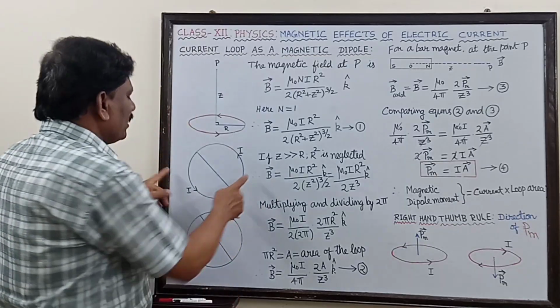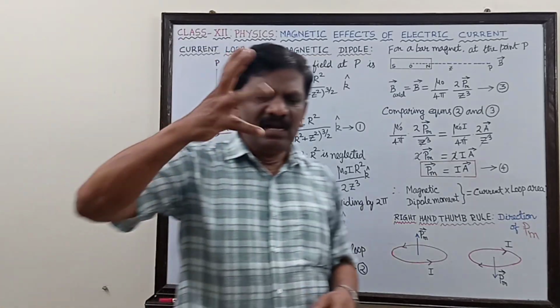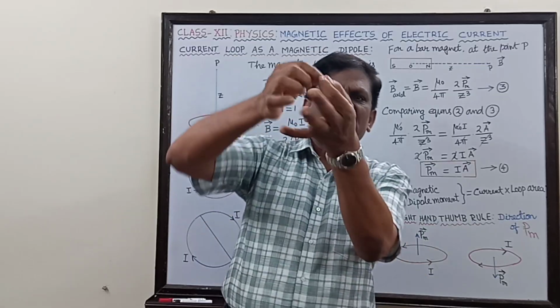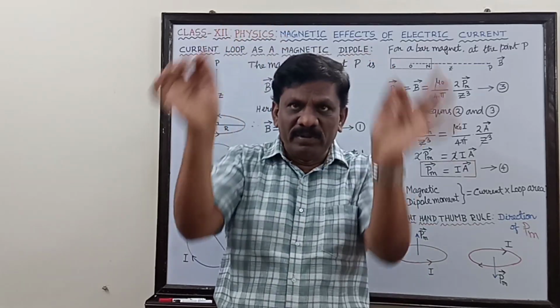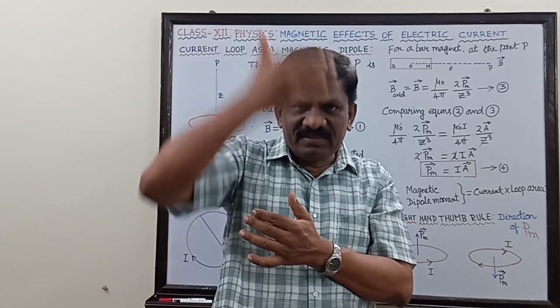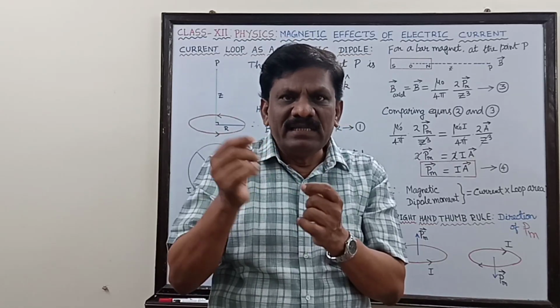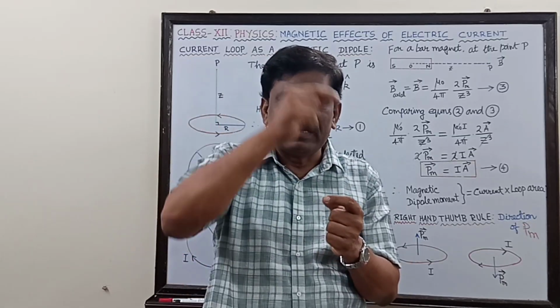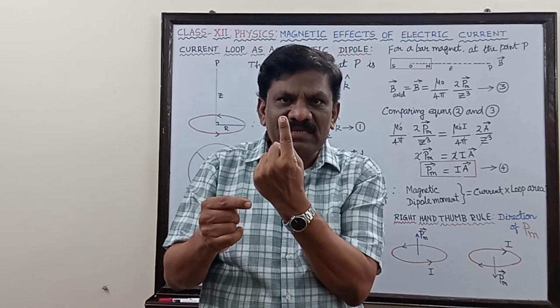If you take a circular loop, a single circle, it has 2 faces. If you suspend a current carrying circular loop, a ring, and stand near one side of it, suppose in that nearer face the current is flowing in the anti-clockwise direction, then the nearer face behaves like a north pole.